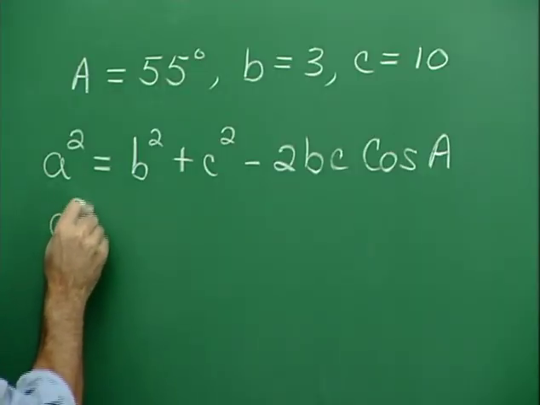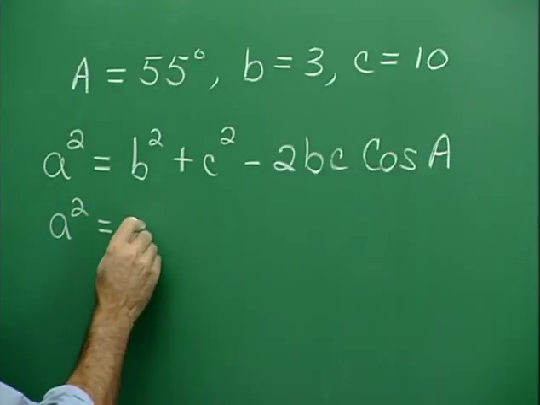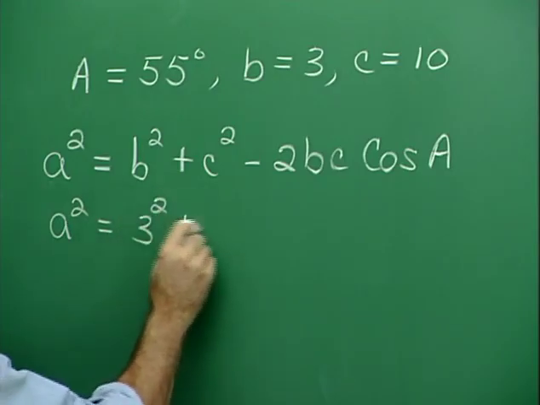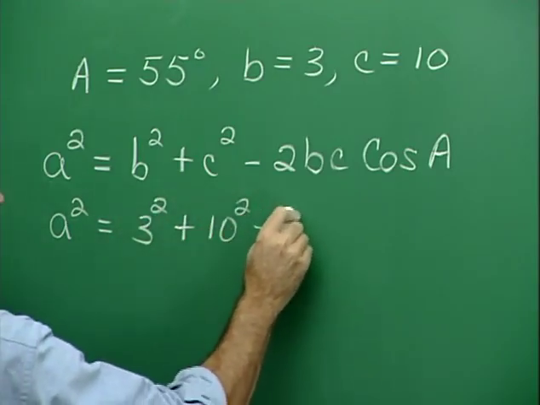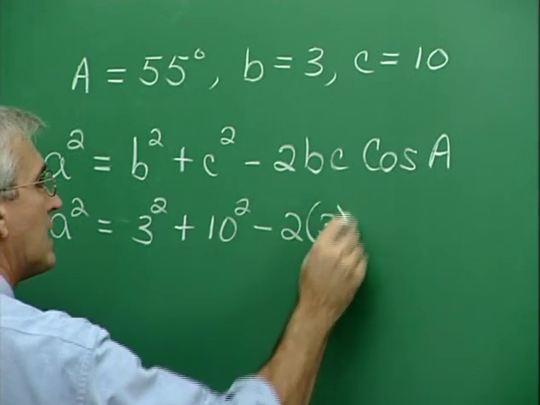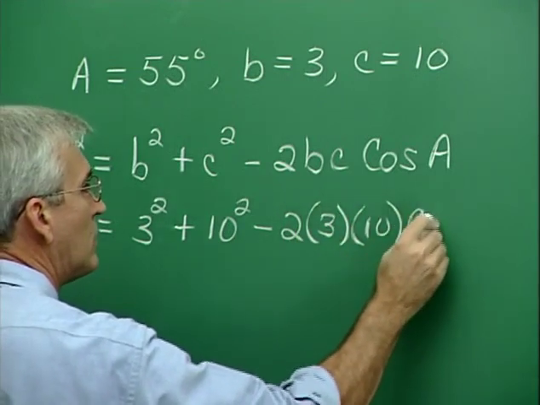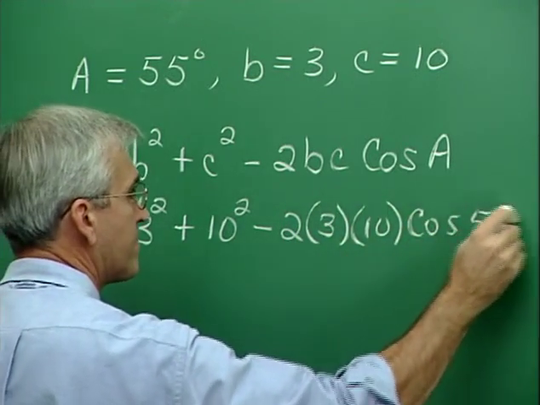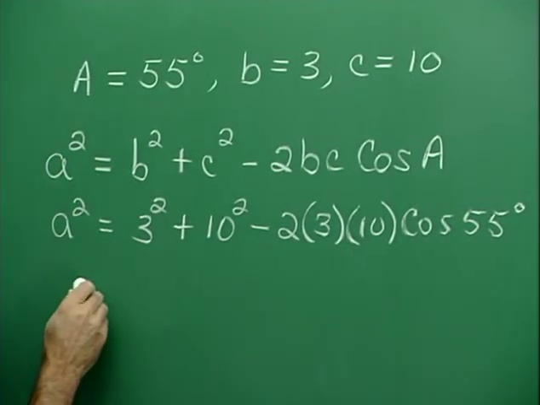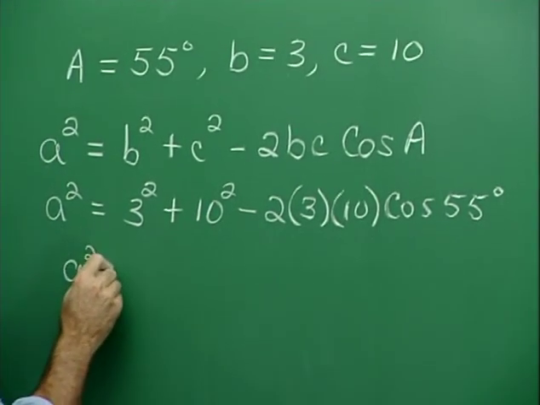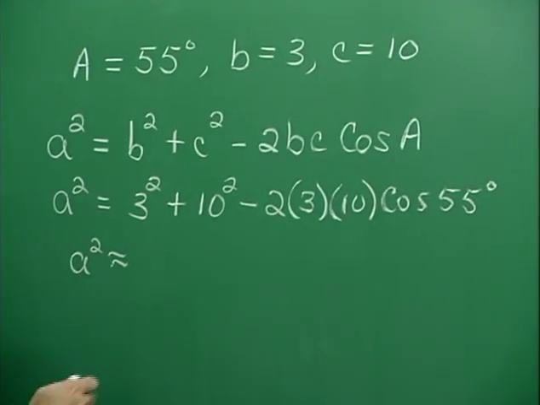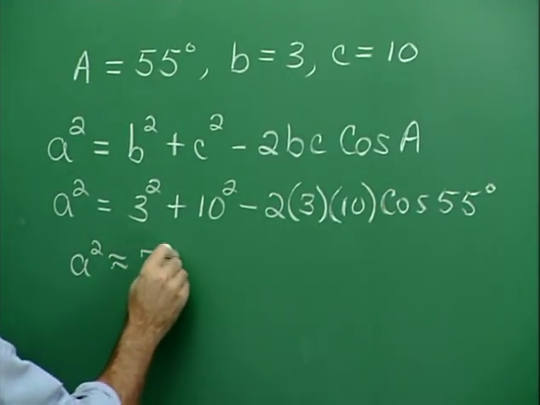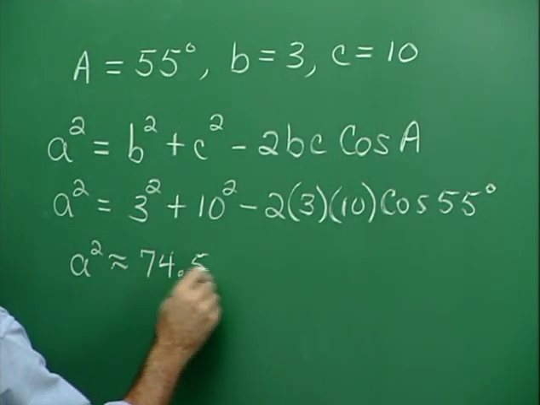Then A squared, now we're just plugging in, is 3 squared plus 10 squared minus 2 times 3 times 10 times cosine 55 degrees. And when the smoke clears on this calculation, A squared turns out to be about, and it's a pretty long decimal, but it's about 74.5 and so on.